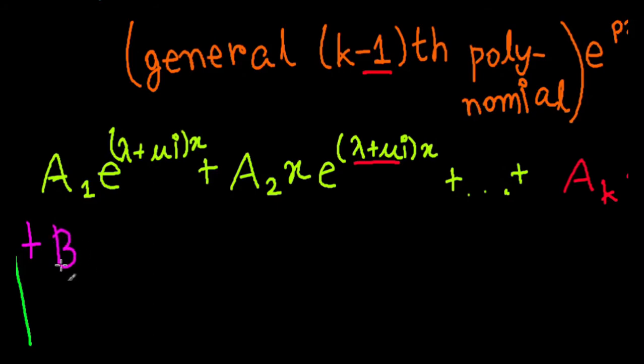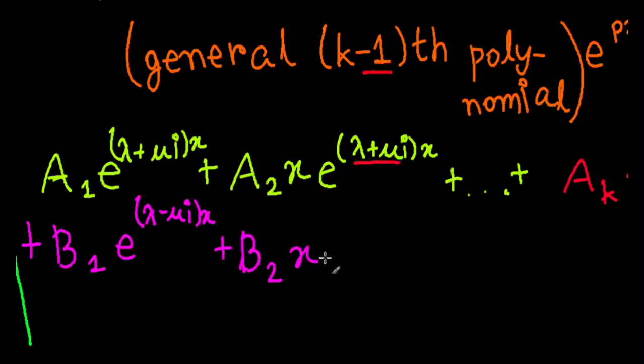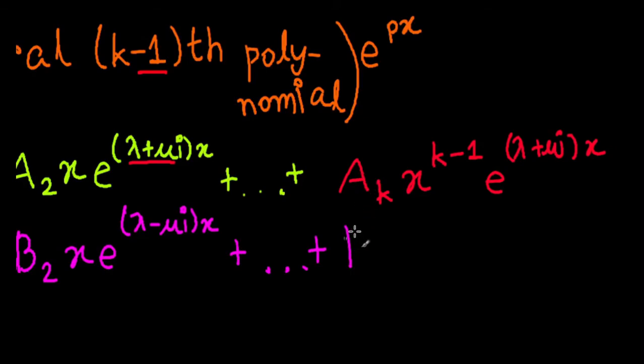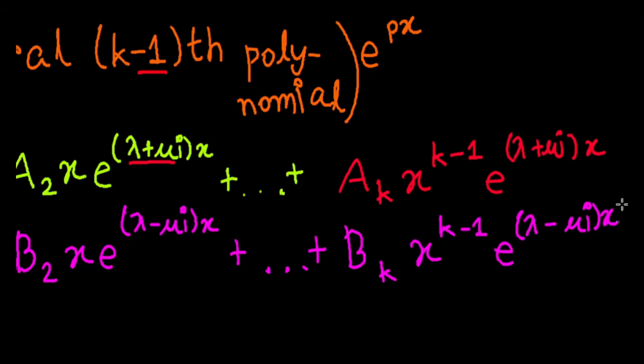So let's say it's b1 e to the power lambda minus mu i x, plus some constant b2, with a modification, multiplied by x, e to the power lambda minus mu i x, all the way up to b sub k, x to the power k minus 1, e to the power lambda minus mu i x. Same thing, just with different letters and a different root.